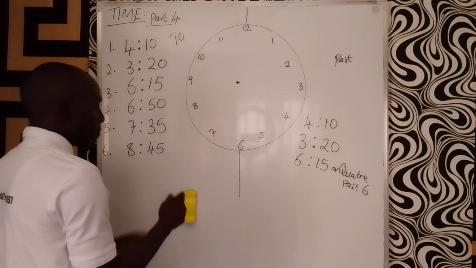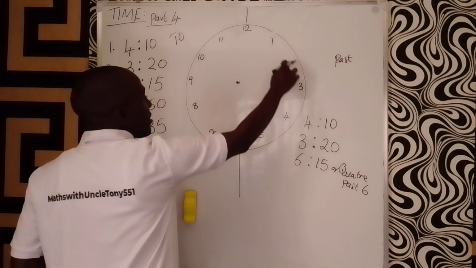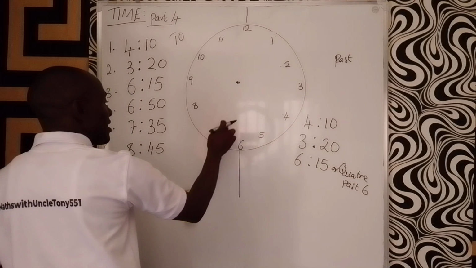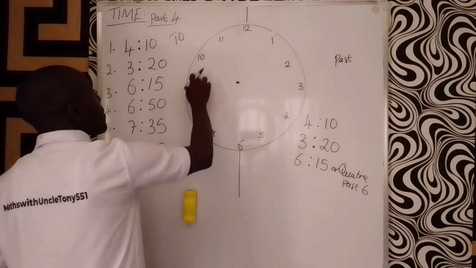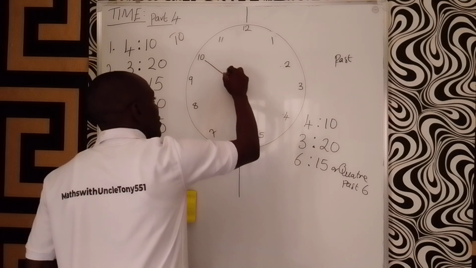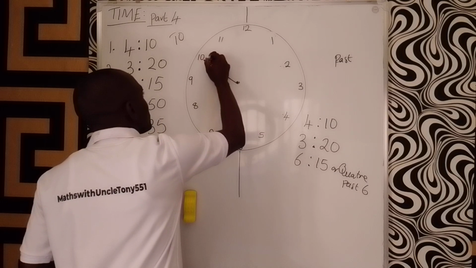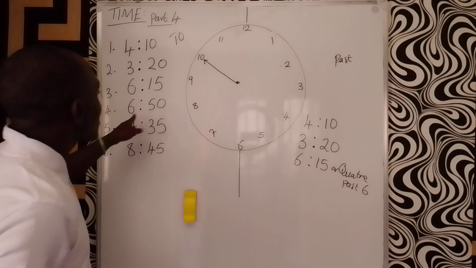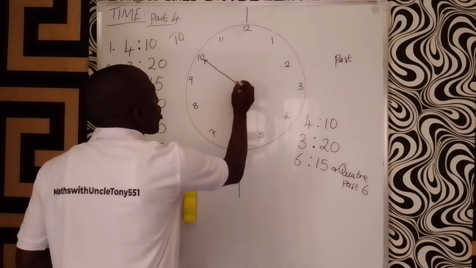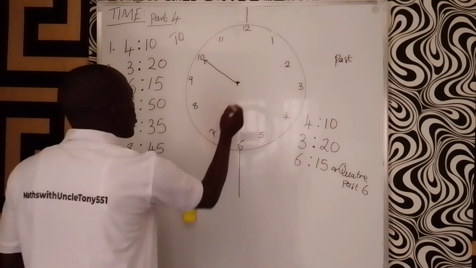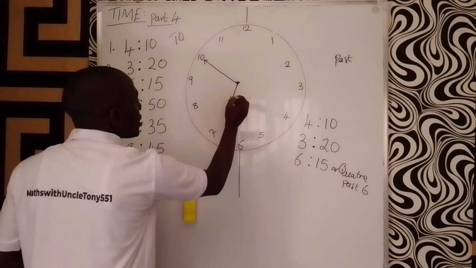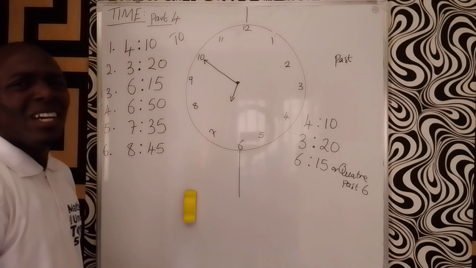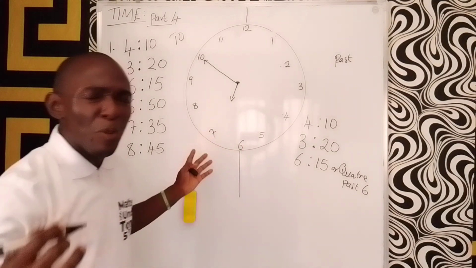Remember, this is 50, which means 5, 10, 15, 20, 25, 30, 35, 40, 45, 50. This is my 50. Now, 6:50 means the hour hand has passed 6, almost close to 7. But how do you tell time? 50 is a bigger number.